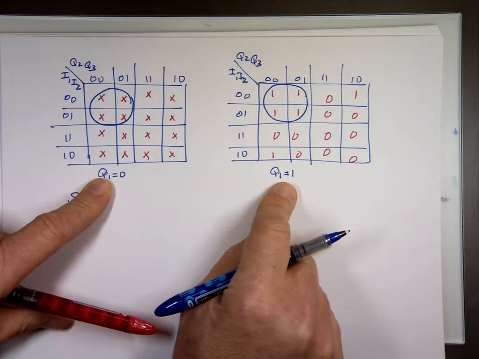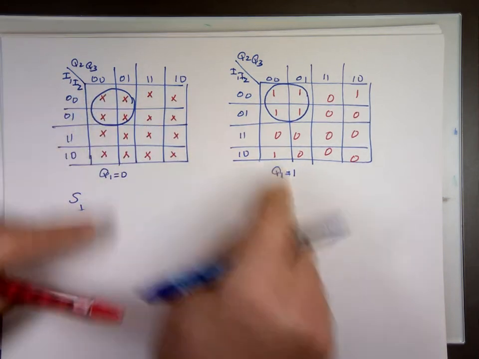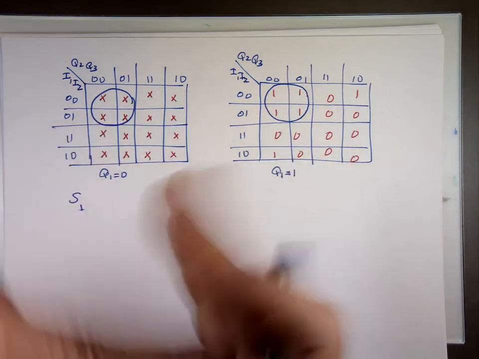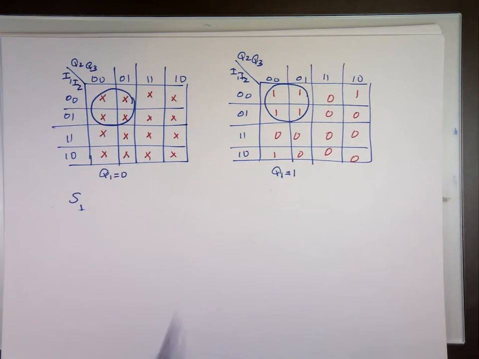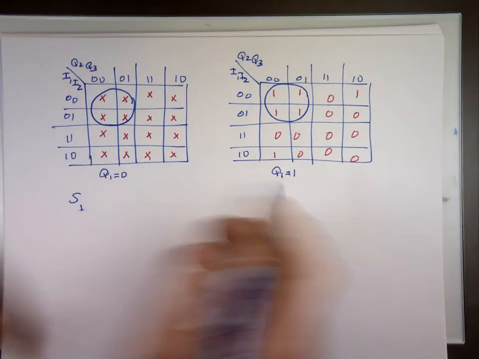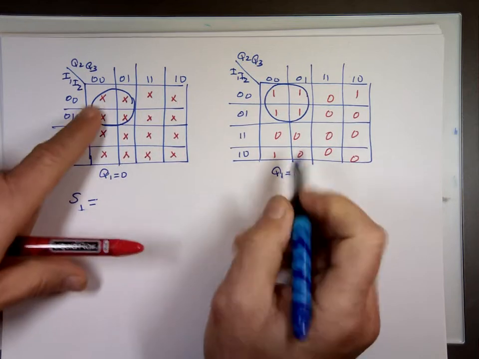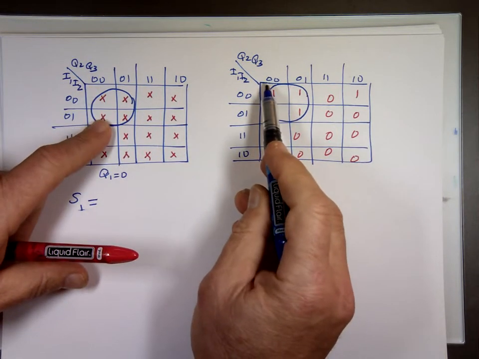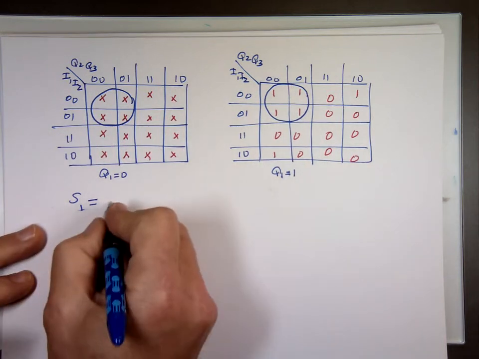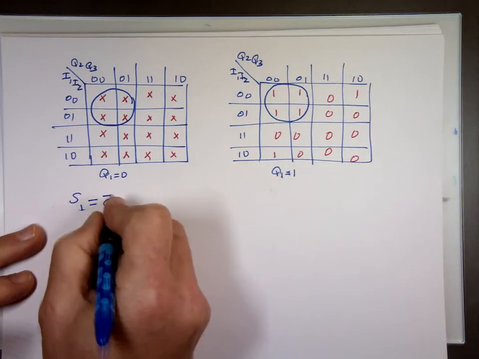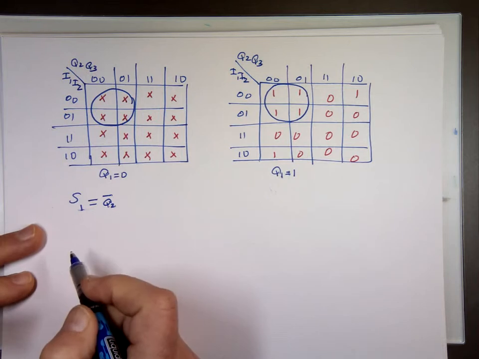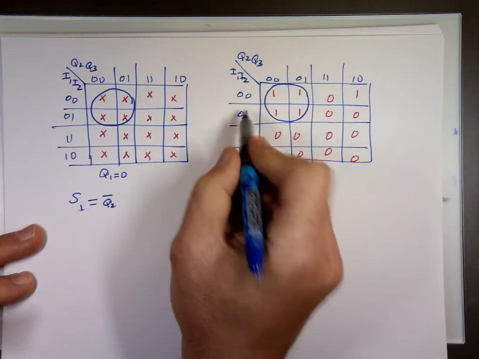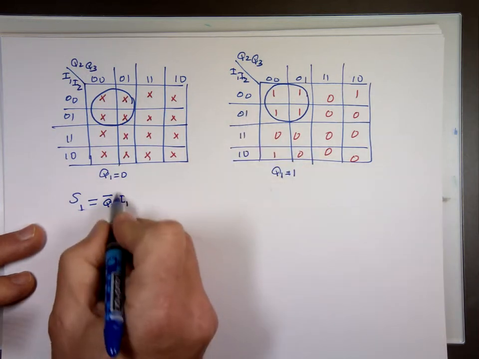So instead of making them zeros or not paying attention to this, I can take this with this, make that group of 8, that will make it smaller. So what do I have right now? For S1, let's look at Q2 is not changing, that's Q2 not. Q3 is changing, that's gone. I1 is not changing, that's I1 not.